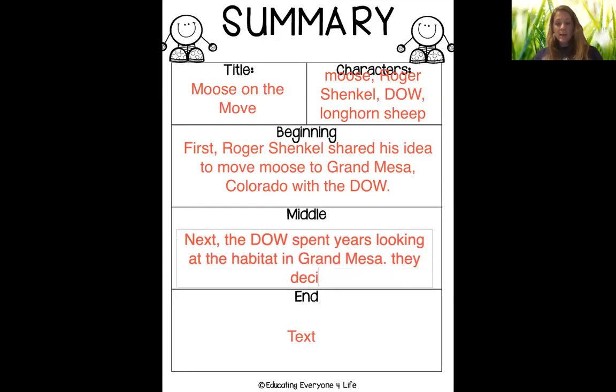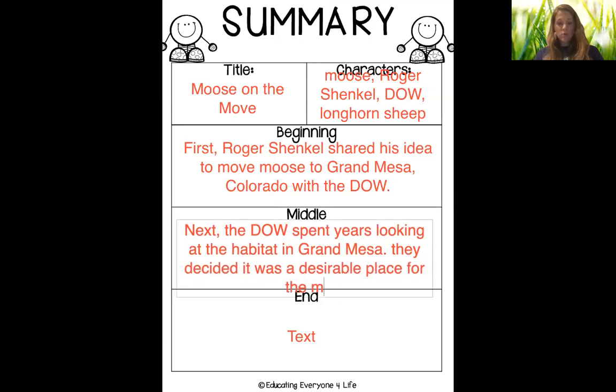They decided it was a desirable place for the moose. Okay.